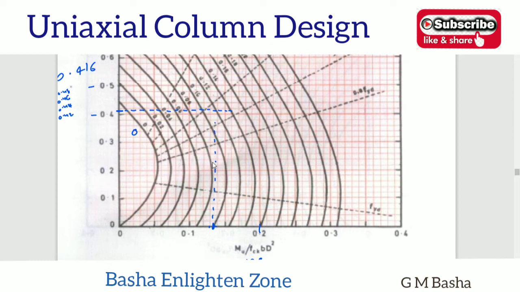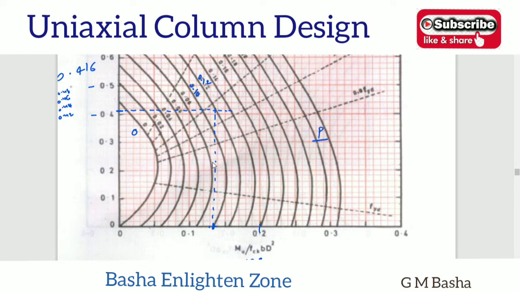For 0.138 I am choosing in the middle, so this is the curve which is related to it. This is 0.12 and this is 0.10. So the curve passes near 0.12 and it lies below 0.12 and above 0.10.